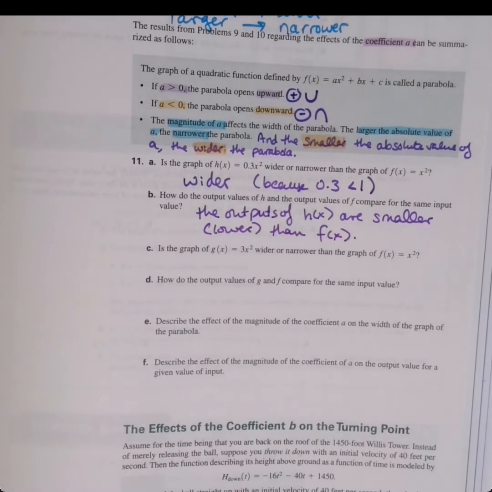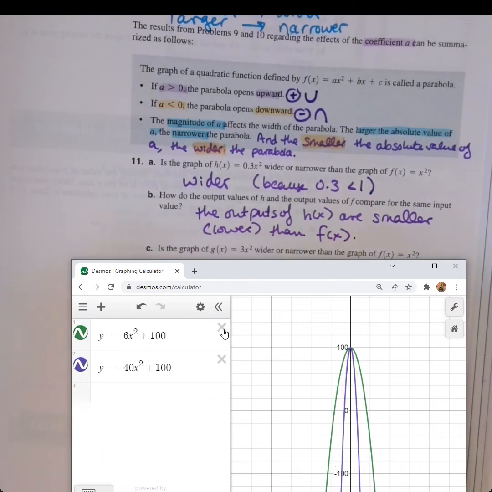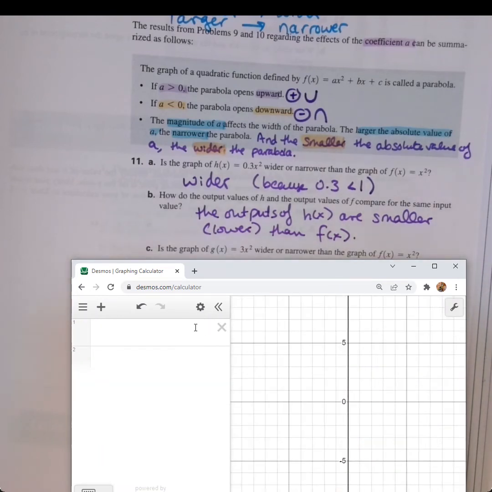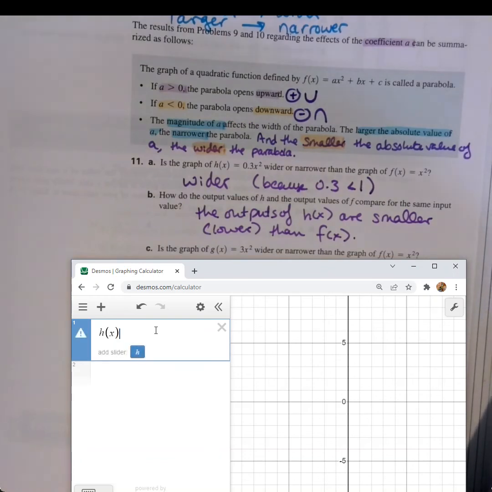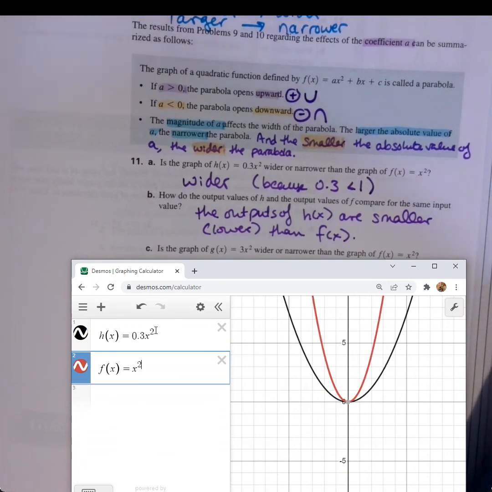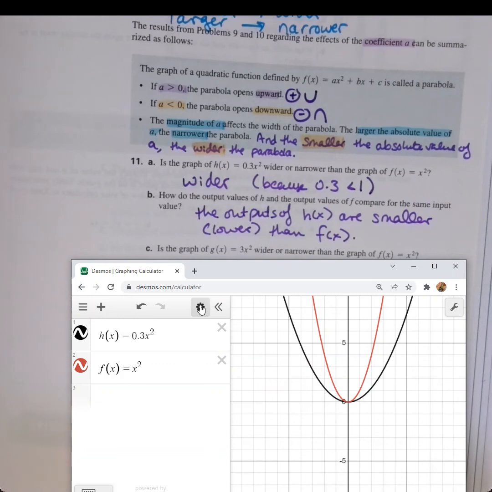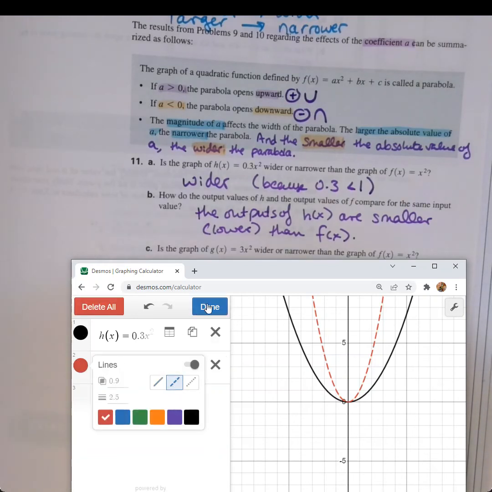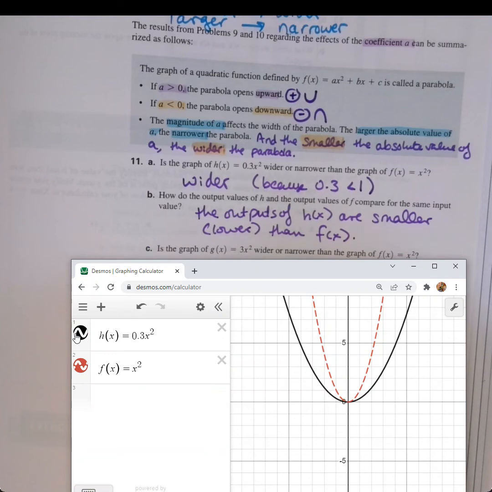Now, I'm doing all this right now based off of the information I know about A, but let's go ahead and look at them graphically to help us confirm this. I'm going to go to the home window and we're going to do our two functions. We've got our h of x, which is 0.3 x squared, and we've got our f of x, which we want to just be regular, x squared. I like to make the standard one, the dotted one, just f of x, because the one that we're emphasizing right here, h of x, is wider and its outputs are lower or smaller.